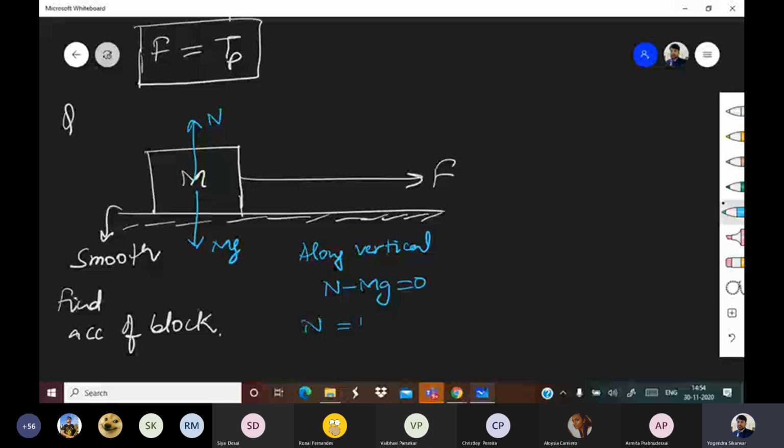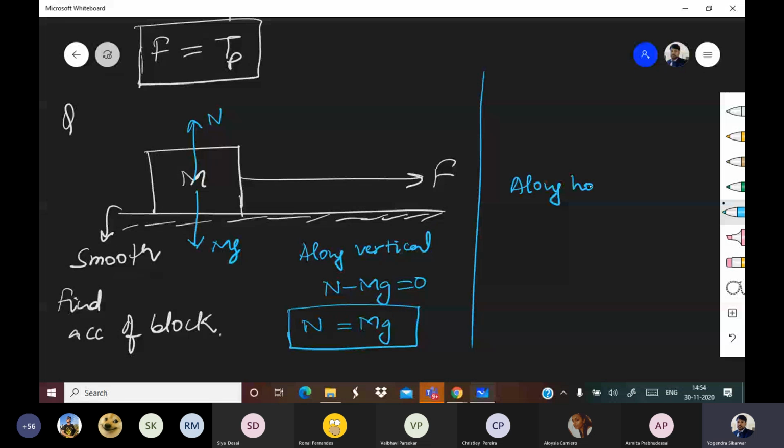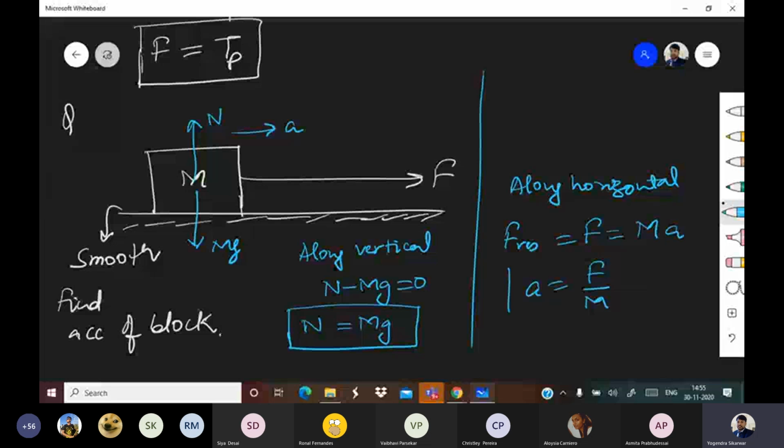Along horizontal, there is only one force. So F resultant is equal to F, and that should be equal to M into A. We are assuming that acceleration is A. So A will be F by M.